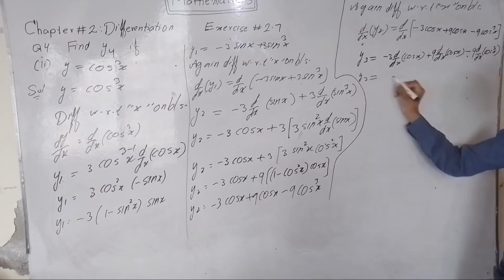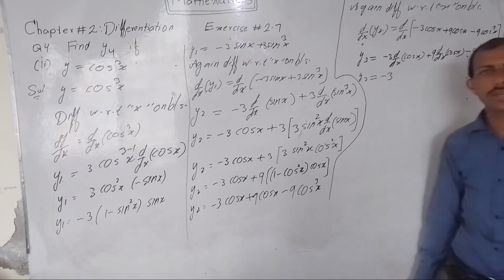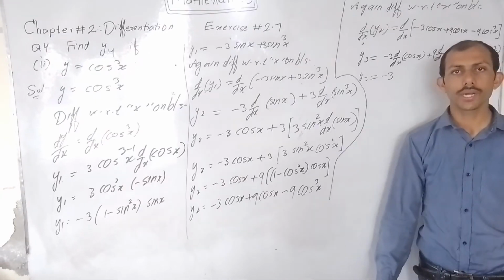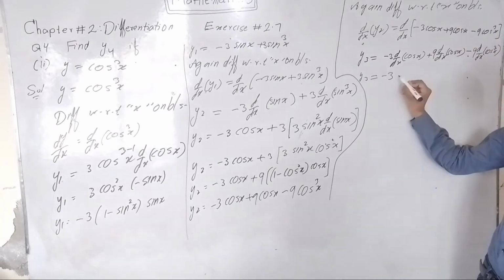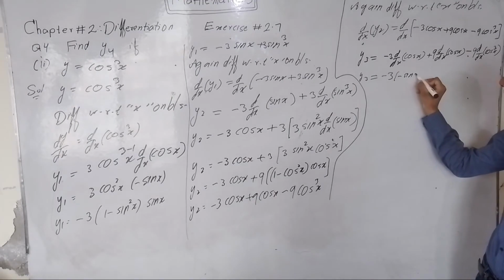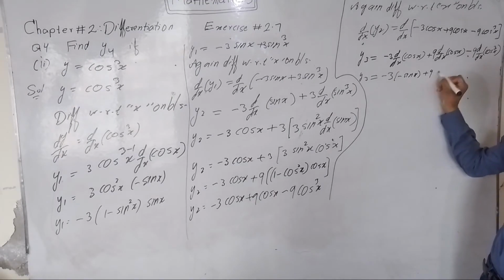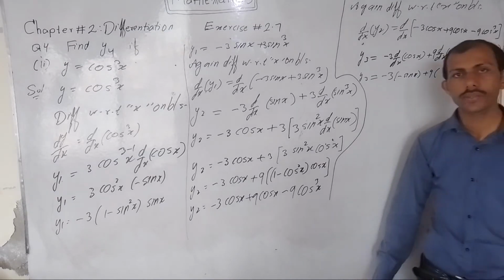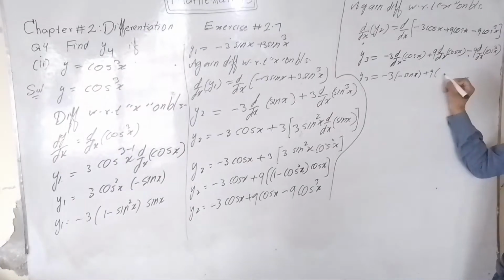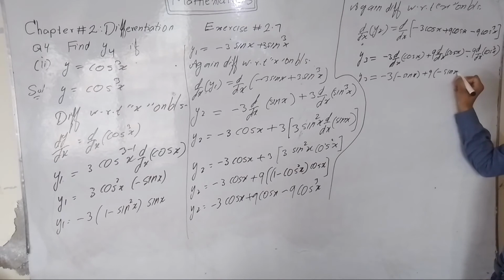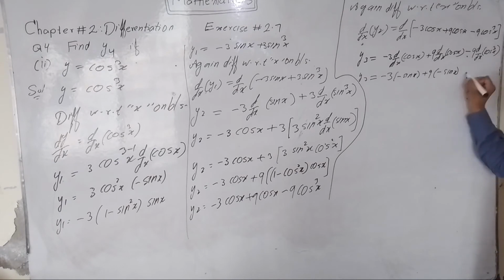So y3 is equal to minus 3 times the derivative of cos x, which is minus sin x, plus 9 times the derivative of cos x, which is minus sin x, minus 9 into 3 cos square x, again the derivative of cos x.